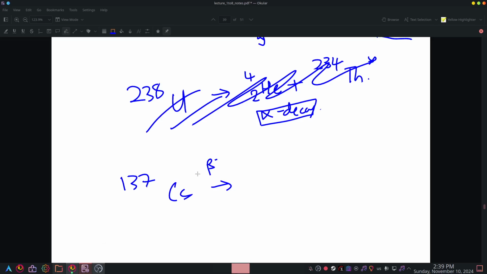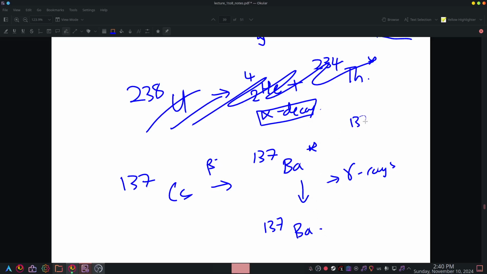This doesn't always happen, but it does happen enough. So there's a beta decay here. Cesium goes into barium. This barium is actually excited, and what does it do? It emits gamma rays.